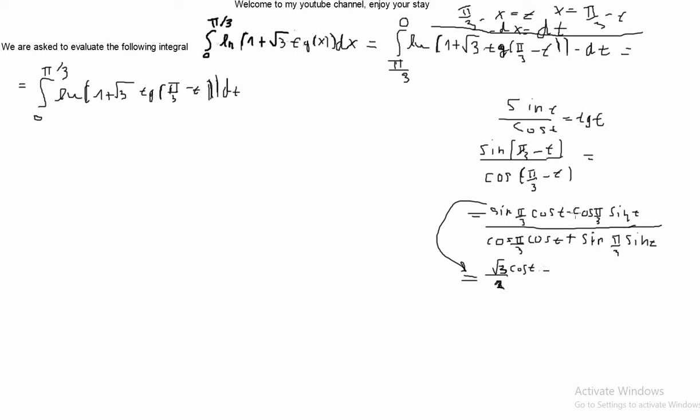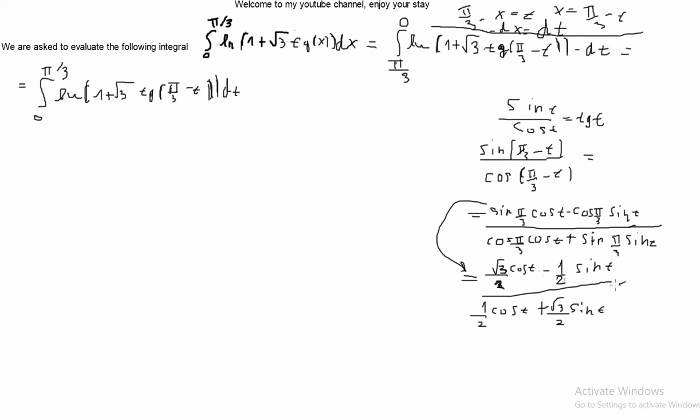Minus cosine of pi over 3, that's 1/2 sine of t. Over, and now this is 1/2 cosine of t plus square root of 3 over 2 sine of t.